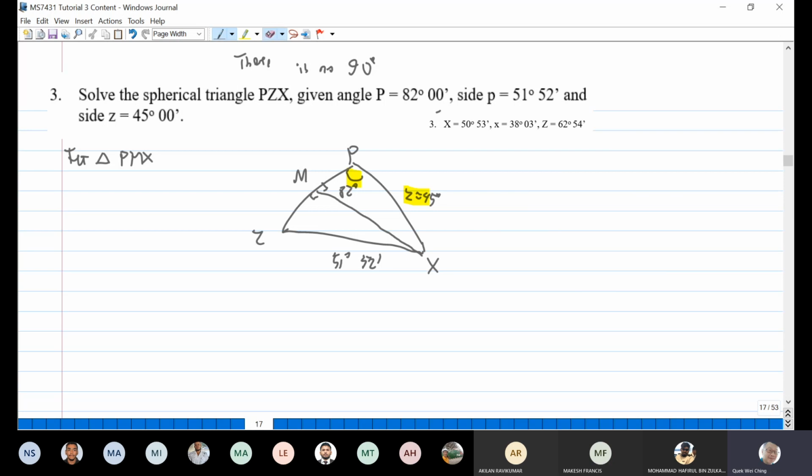I will draw the triangle bigger so you can see. The right angle is M. So you draw the Napier's view: upper half, two parts, lower, three parts. M is 90 degree here.